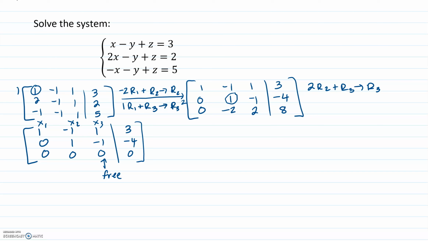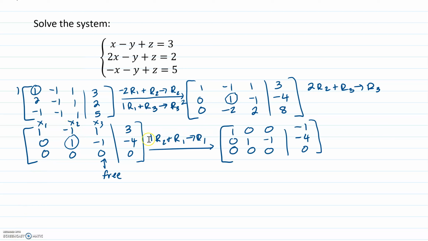So that is why when I have an infinite number of solutions, it's always easiest to put this in reduced echelon form. So I'm going to put it in reduced echelon form, meaning this pivot, all I need to do is get a 0 above that second column.